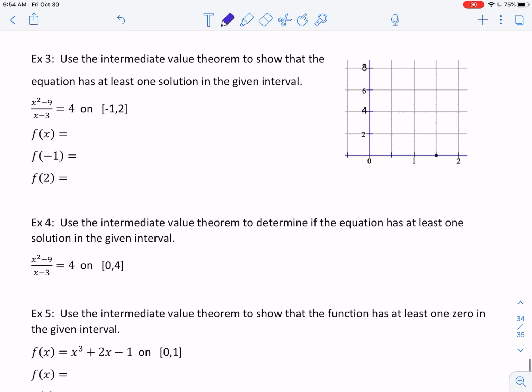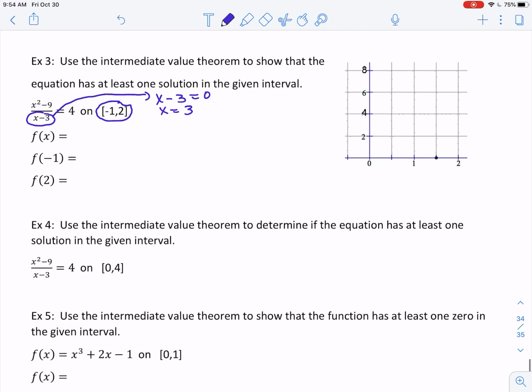All right, so this one, rational functions are continuous where they're defined. So this one, the denominator is equal to 0 where x is 3, okay? But 3 is not in this interval, okay?